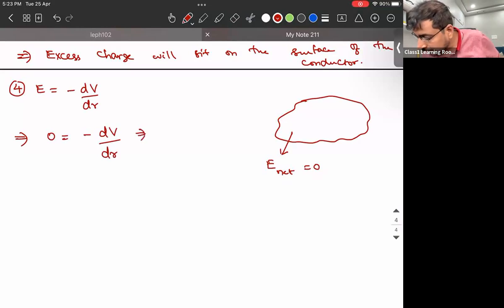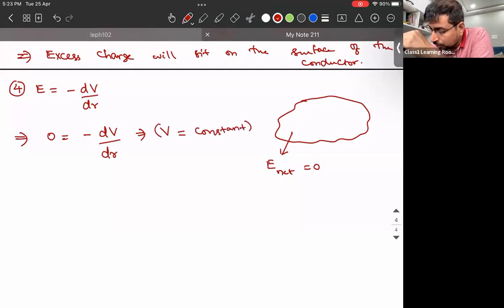So this clearly indicates that the derivative of something that is constant is going to be 0. So from here I can conclude that V is going to be a constant.